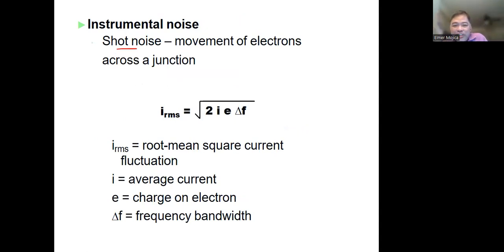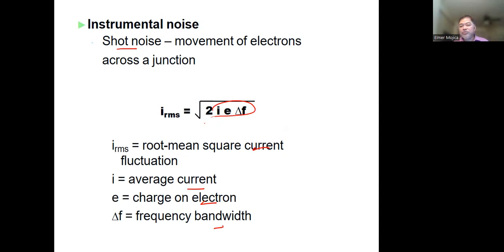So when we're talking about shot noise and thermal noise, usually it involves what? Electrons, di ba? How is this different from the thermal noise? Okay, you don't include the temperature here. Look at the given here. You have the I, which is what? The current, and then the charge of the electron, and then the frequency bandwidth.